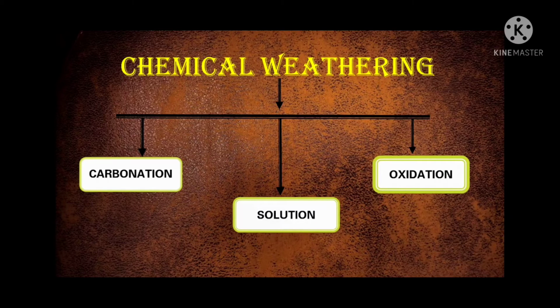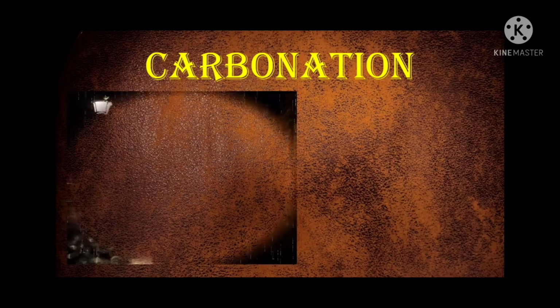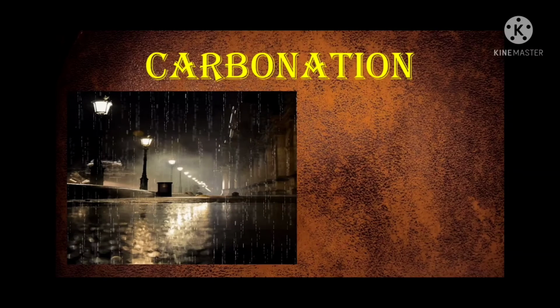Now children, let us see how carbonation leads to chemical weathering, and we will study that with the help of an example. Here the rainwater travels through the atmosphere before reaching the ground.